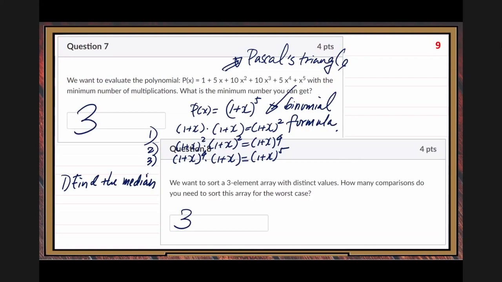Find the median of 5 elements. That's the first question. The minimal number of comparisons for the worst case. If I do not say that, that's our hidden words.